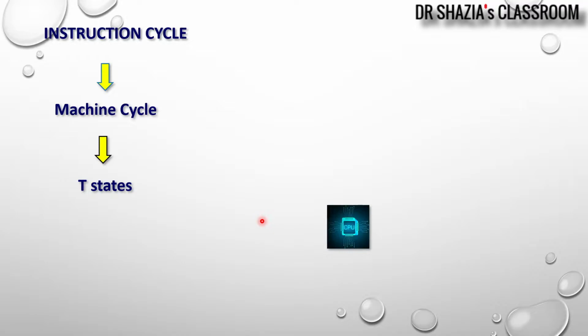The steps involved in executing the instructions are: whenever we write a program and assemble it, the assembler generates the equivalent machine code for each instruction, and this machine code is stored in the code segment part of the memory. When the processor wants to execute this instruction, the operating system loads it onto the primary memory, and then the first thing done by the microprocessor is to fetch the instruction.